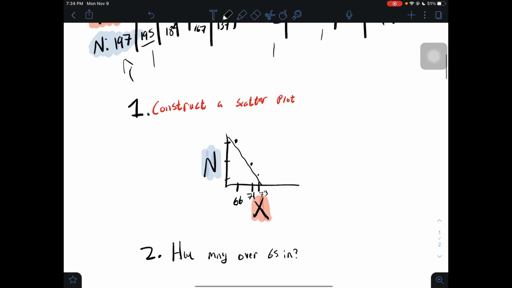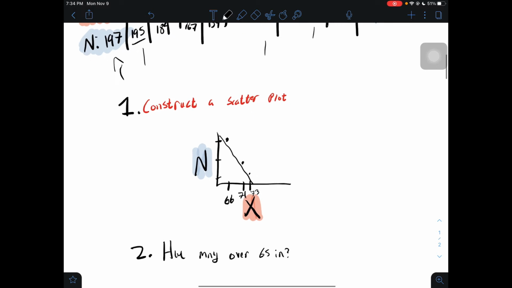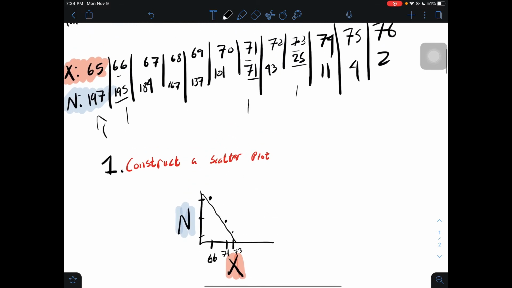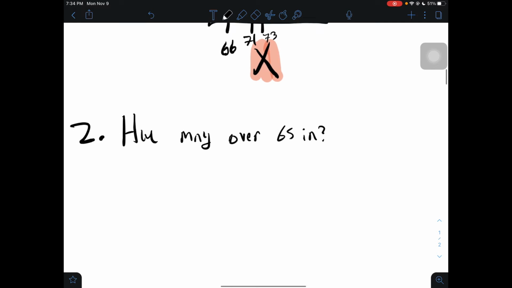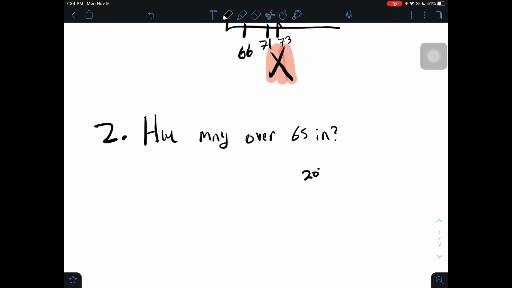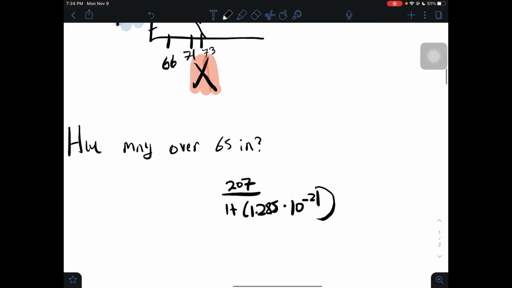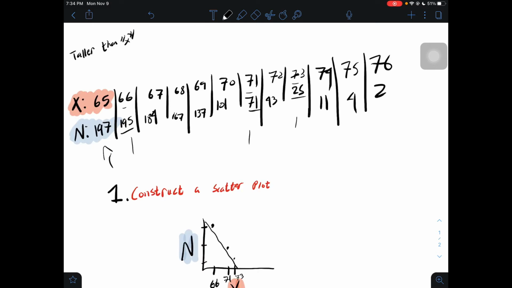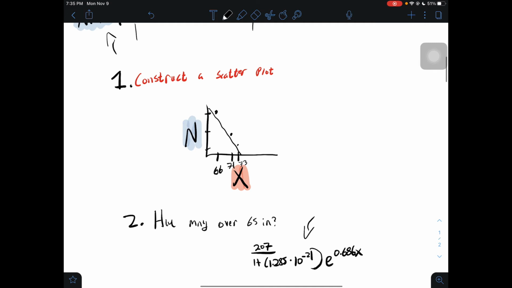If we perform a logistic regression of these calculations, we should get an equation looking like 207 over 1 plus 1.285 times 10 to the negative 21st times e to the power of 0.686x. You may be asking how we got this. Basically, you find an online regression calculator and substitute all these values in, and it should give you an equation like this.